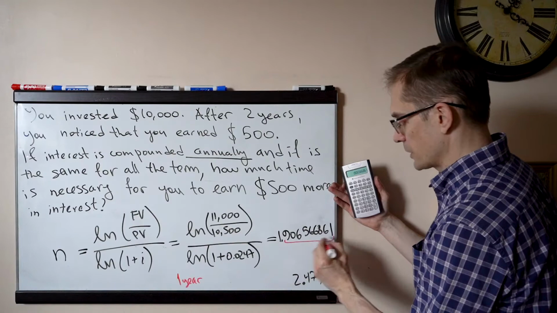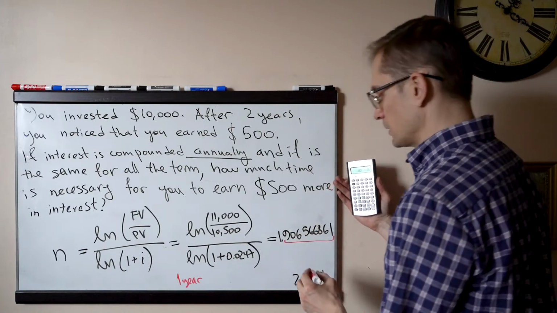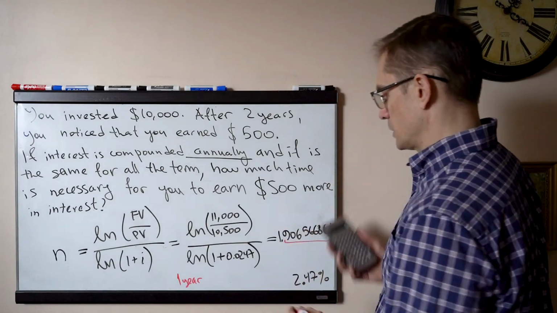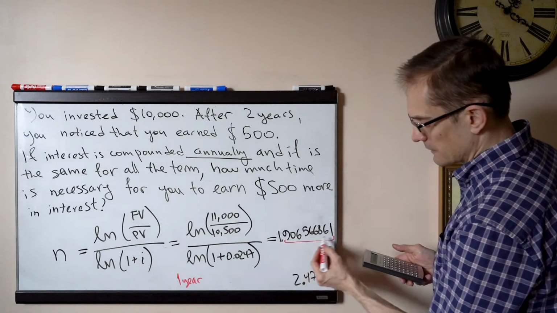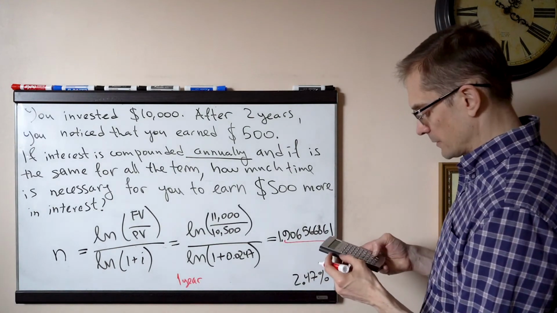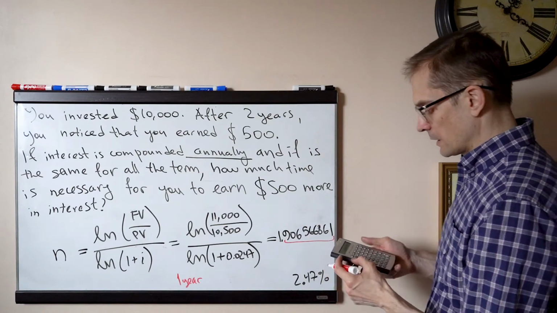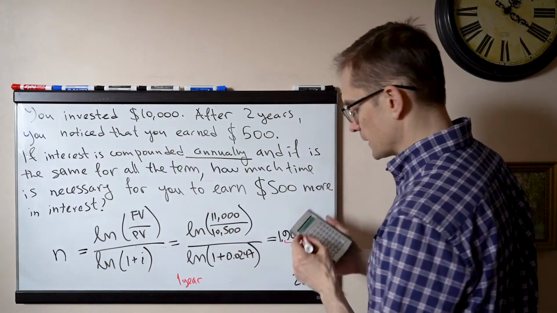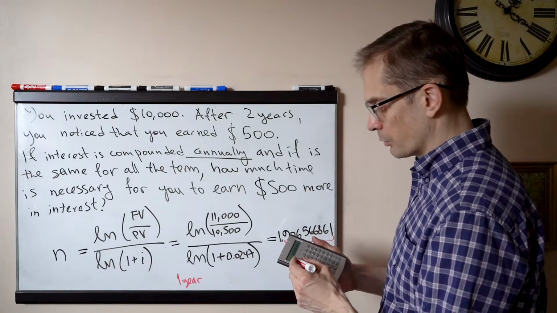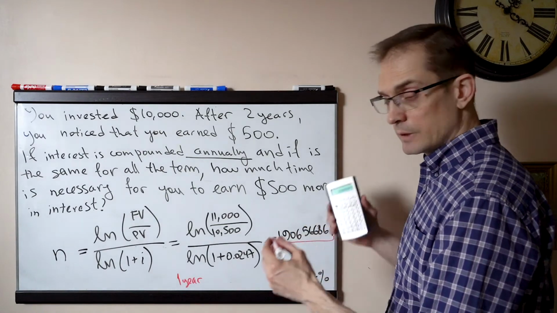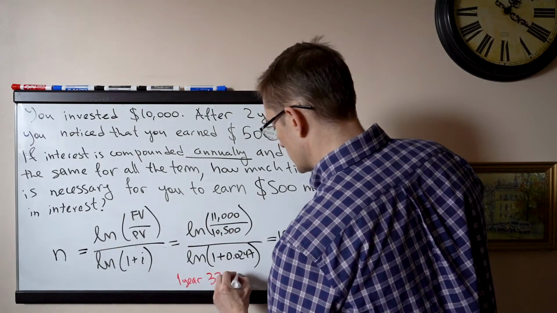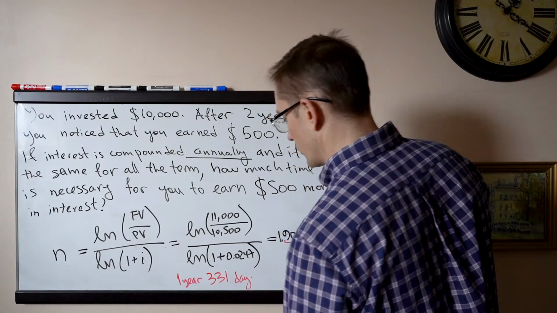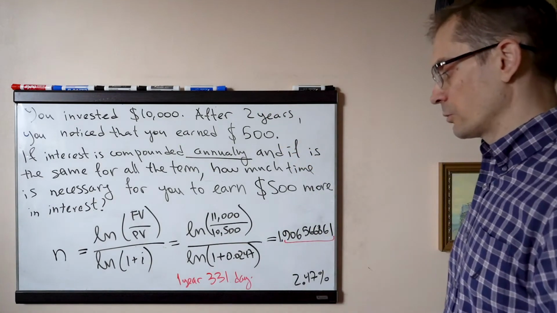I'll take this fractional component, the decimal part, and multiply by 365 and round up. So in reality it gives me 330.9, but I'll go to 331 days. Okay, 1 year and 331 days.